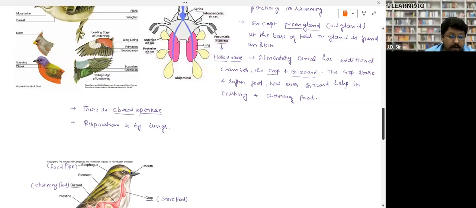The lungs are spongy and inelastic. They have air sacs.